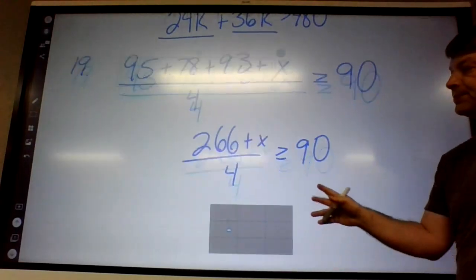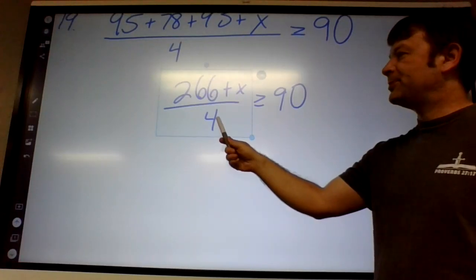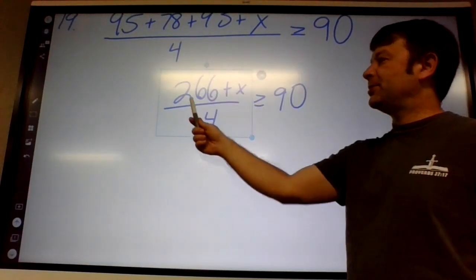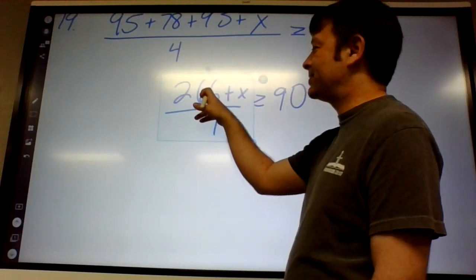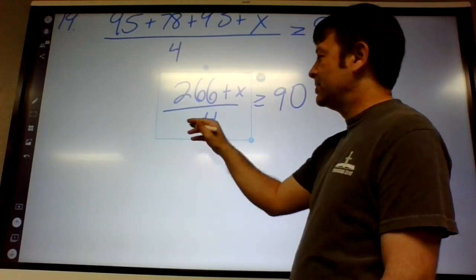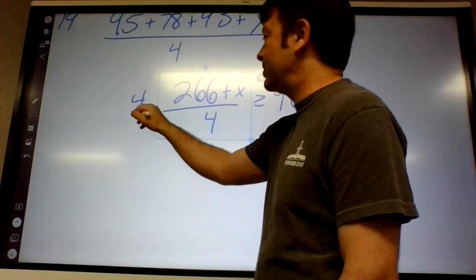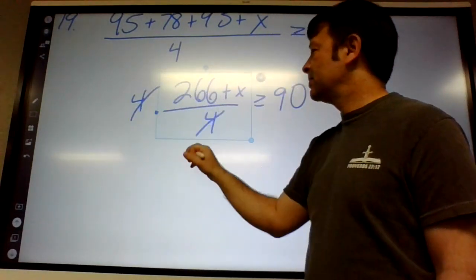Now what? Times 4. Because this whole side is being divided by 4, we need to get rid of that first. That 266 is not really a 266 because of that divided by 4. So anyway, we need to times 4. It's 360.